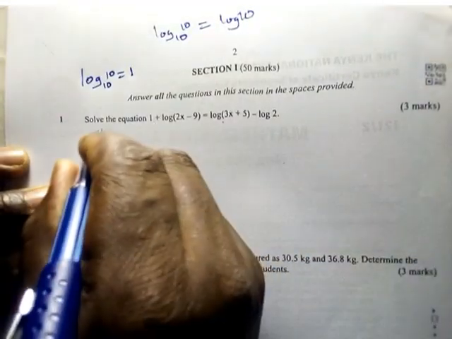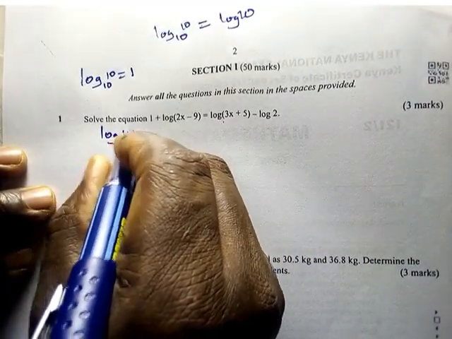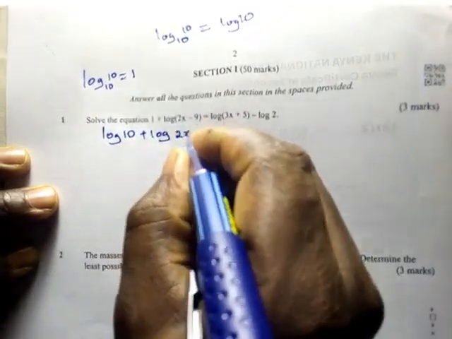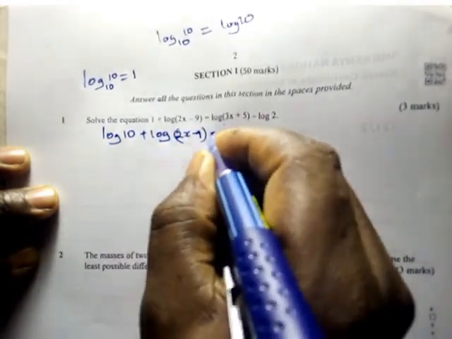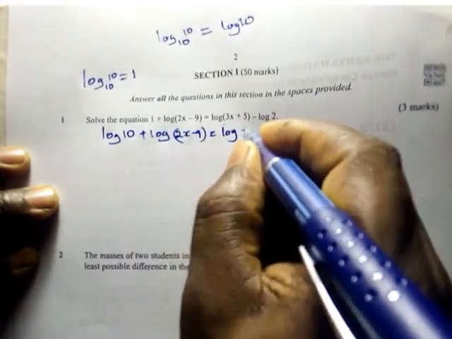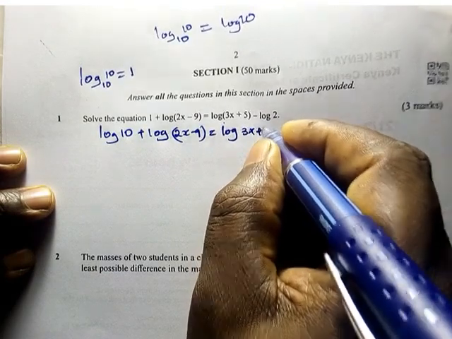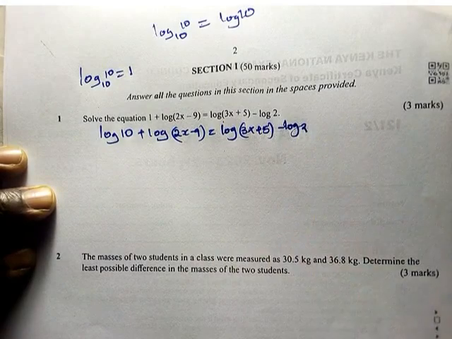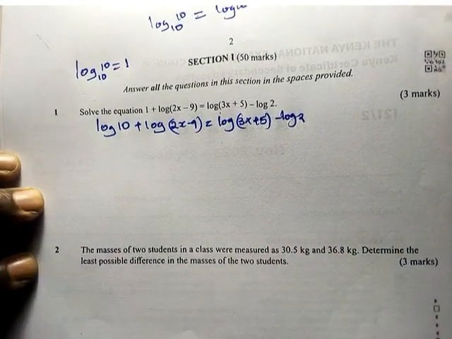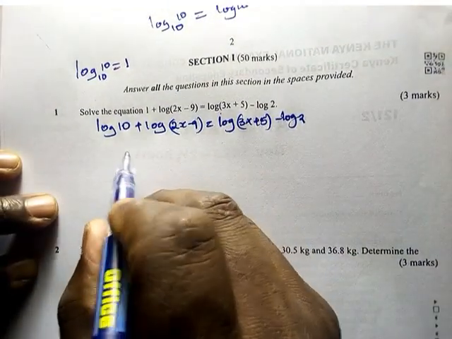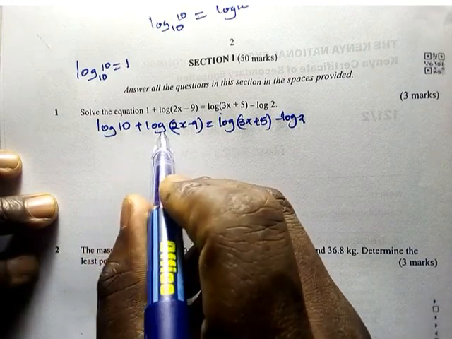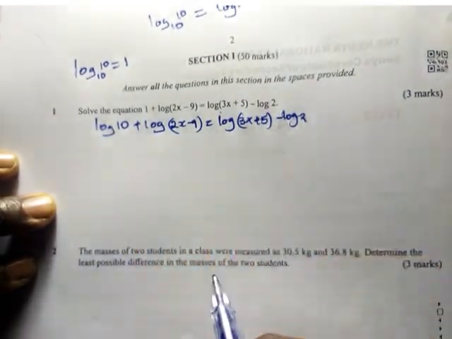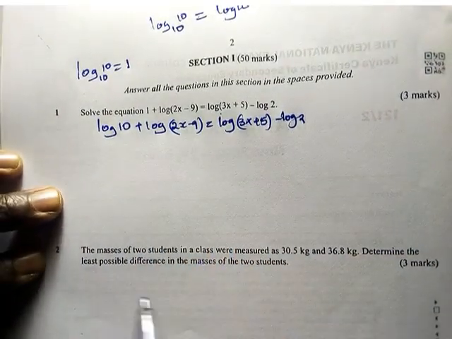So 1 simply means log 10 plus log(2x minus 9) is equal to log(3x plus 5) minus log 2. From the laws of logarithms, we know the multiplication rule and the division rule.